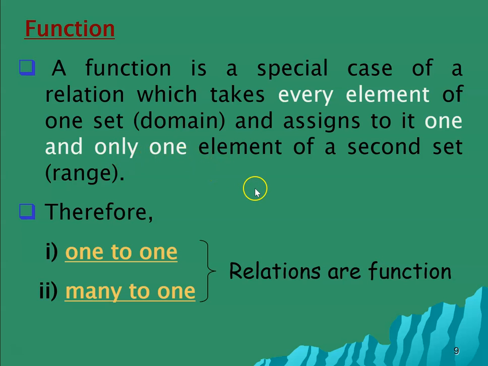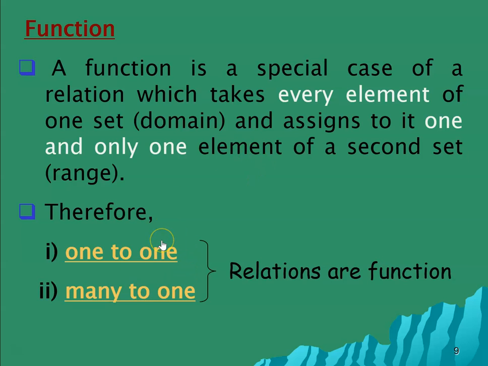So out of 4 types of relation we have learned just now, only these 2 are considered as function: the one-to-one relation and also many-to-one relation, because only these 2 fulfill the condition of being assigned to one and only one element of the range.